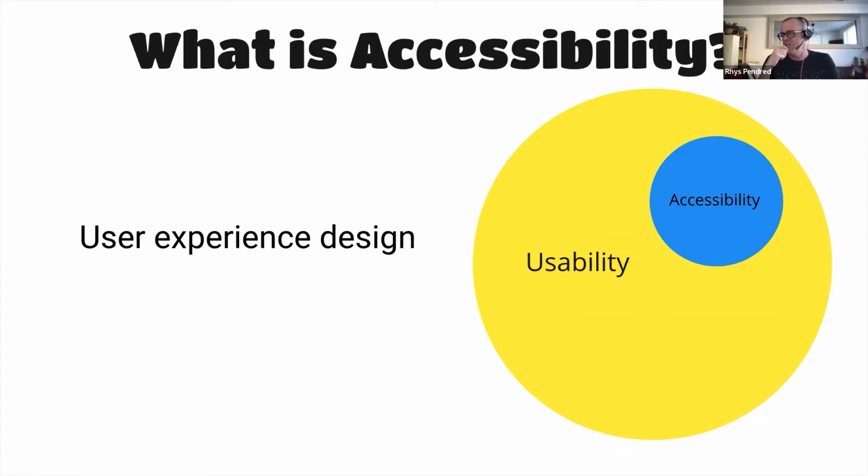It's a prerequisite of usability: you can't use something unless you can access it. Usability is more about giving your users efficient, effective, and satisfying experiences, but without accessibility, they can't even begin to have those experiences.